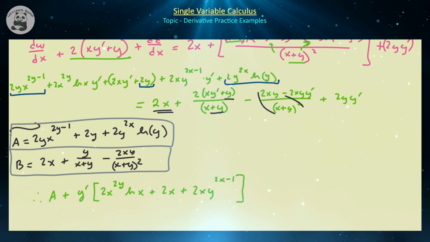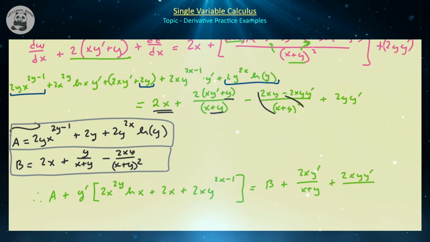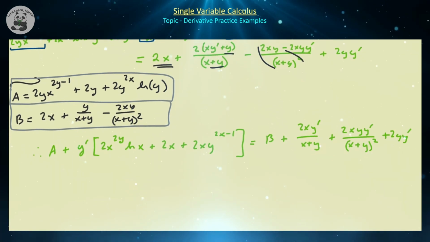And that's going to be equal to b plus 2xy prime all over x plus y plus 2xy prime all over x plus y, the quantity squared, plus 2y y prime. So our answer is becoming a little bit nicer to deal with, isn't it?